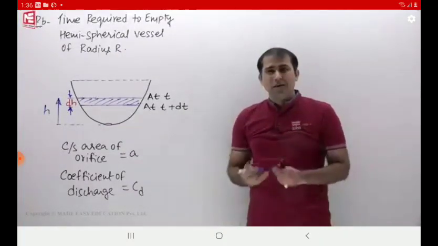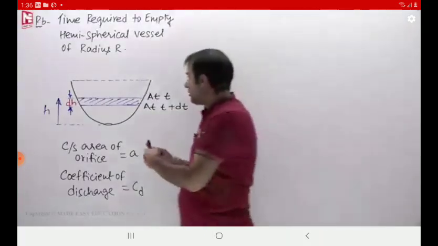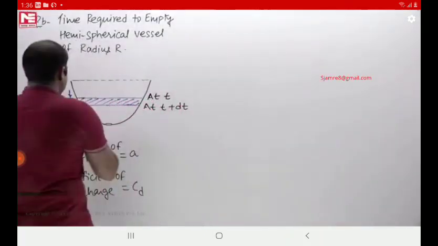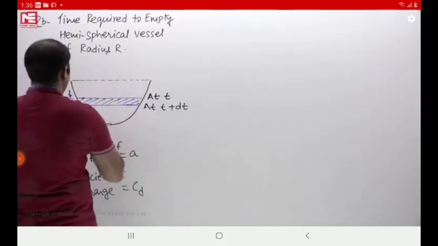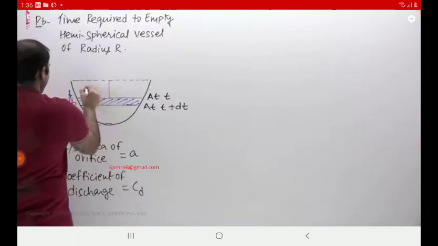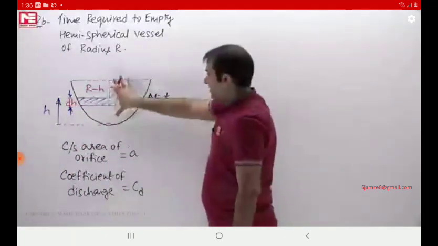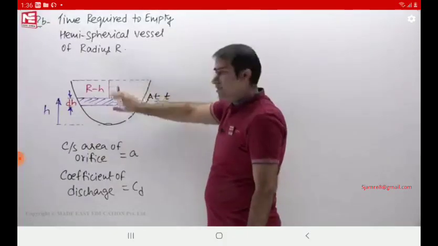चलें आगे. And if you are interested to find out this volume here, so for this I am going to say here, my dear, that this is h. So what will be this? This is your R minus h. This total is R, na, radius.